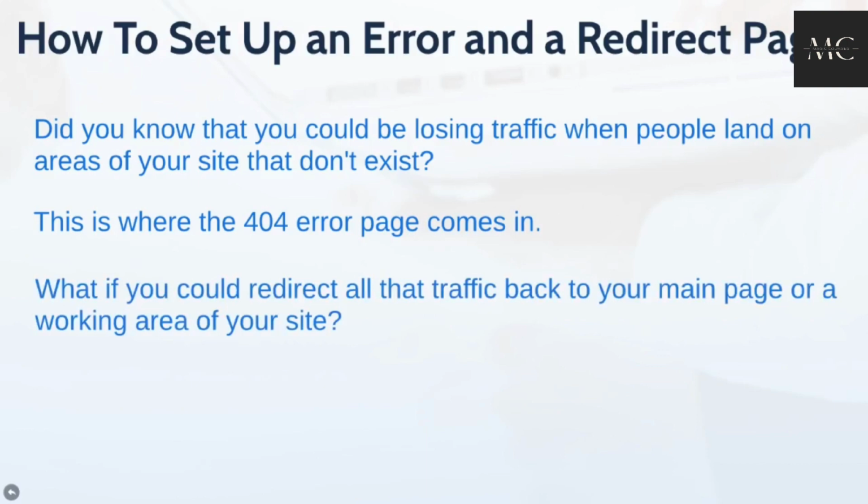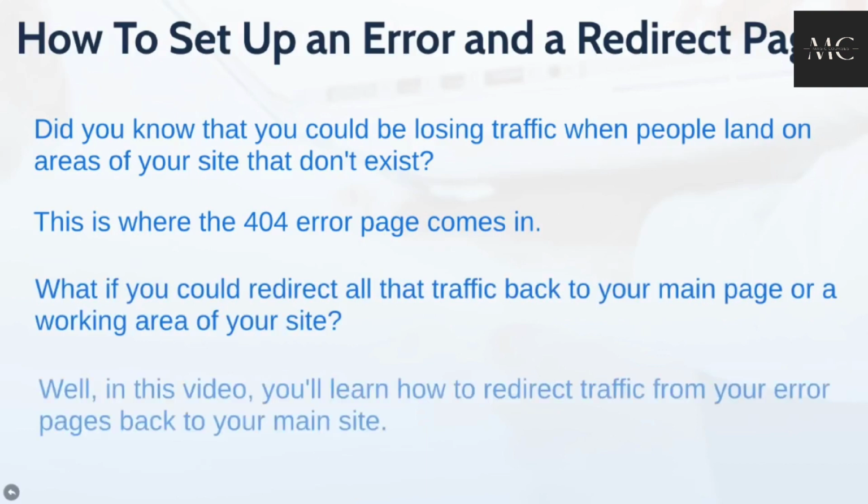So in other words, what if you could redirect all that traffic back to either the main page or a working area of your website? Well, that's what you can do, and in this video we're going to show you how to create that 404 error page, and we'll talk about the other types of error pages as well.